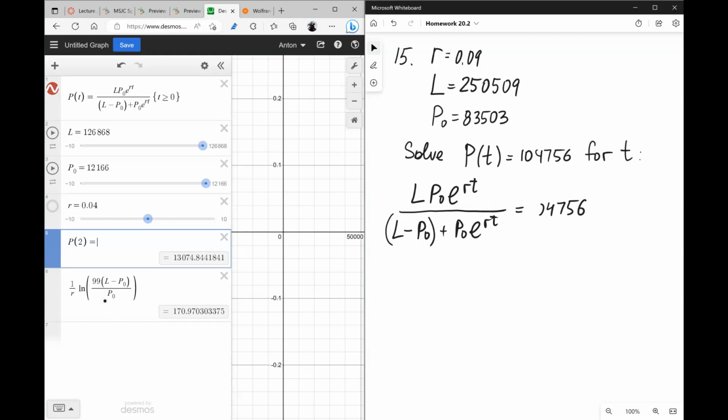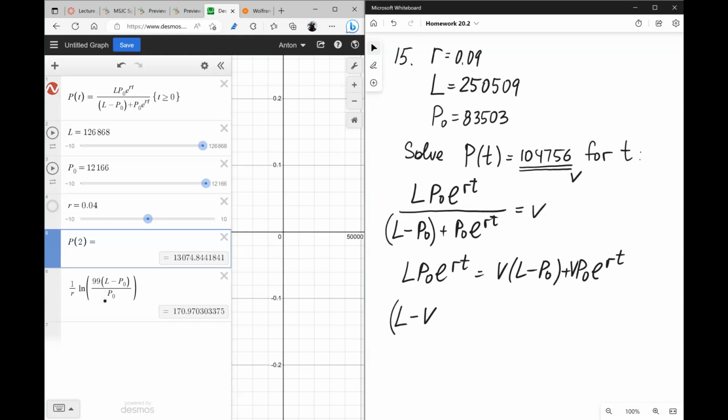So let's give this number a name. Let's call it V, some value, right? So we're going to multiply both sides by the denominator. We're going to subtract this from both sides.